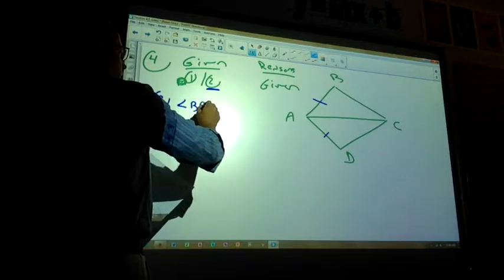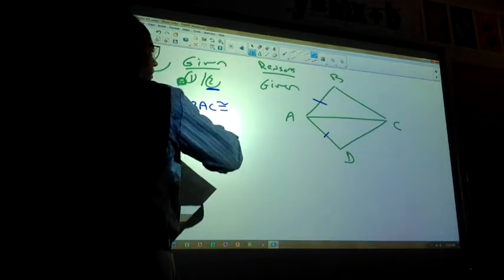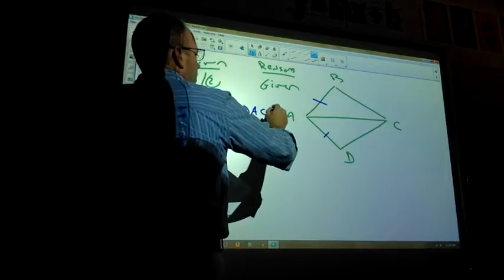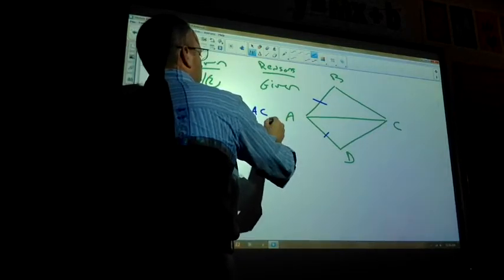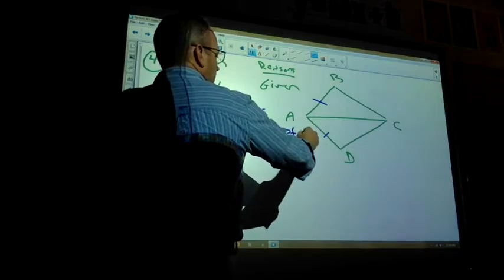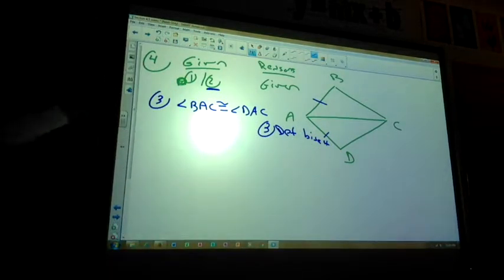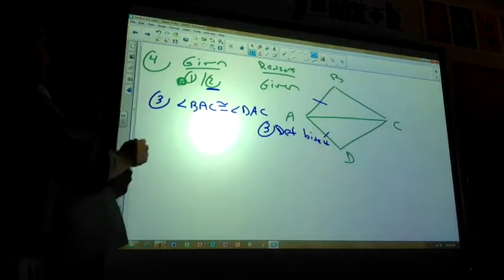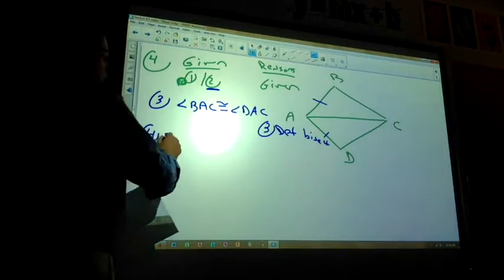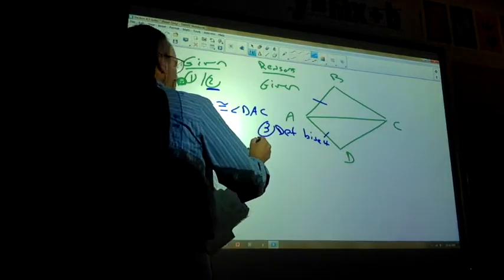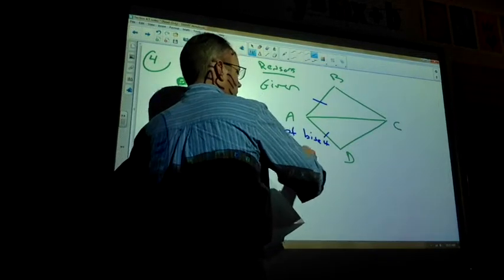So angle BAC is going to be congruent to angle DAC, and that's because of the definition of bisect. Then we should go to our reflexive: AC is congruent to itself, and that's the reflexive property.